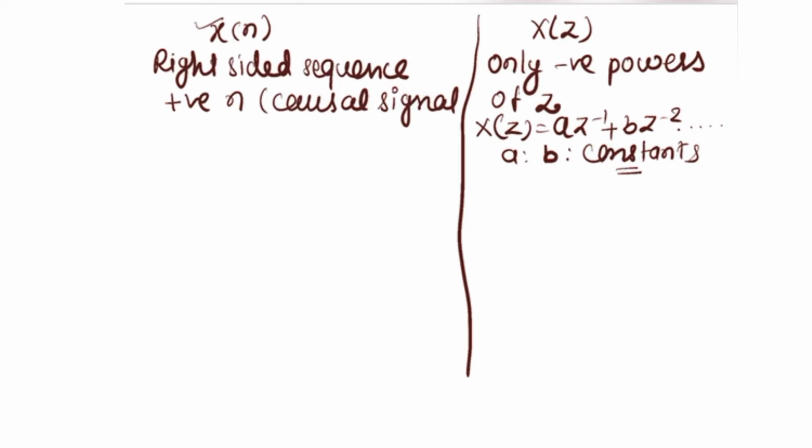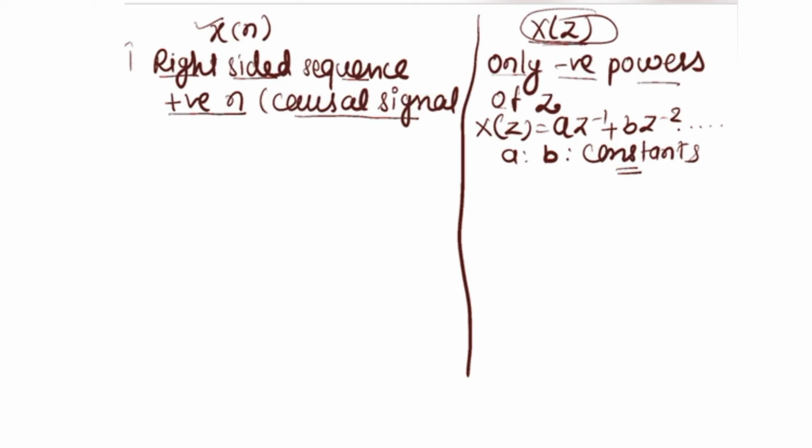So when our x[n] or signal is a right-sided sequence, or it is defined for positive values of n, or it is a causal signal, all these things are referring to the same signal parameters, so then we will get only negative powers of z in the Z transform.